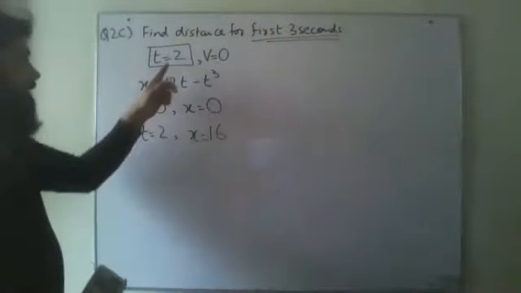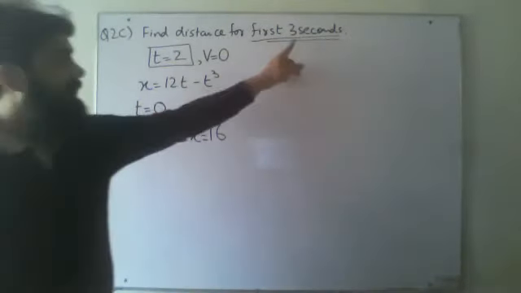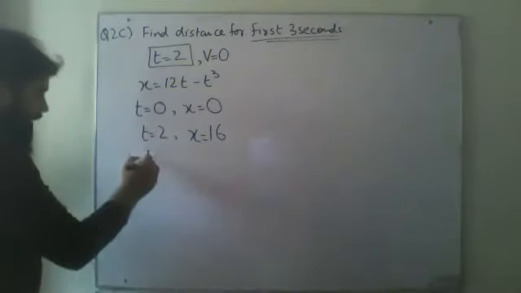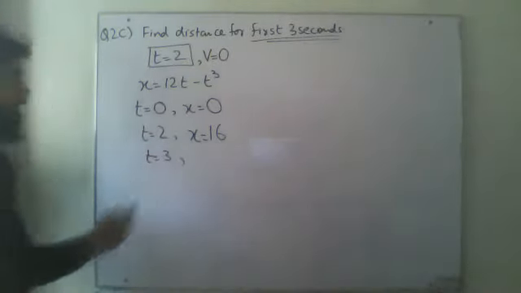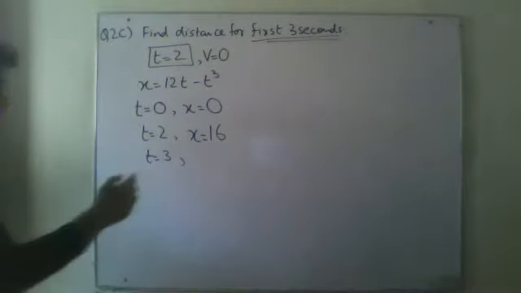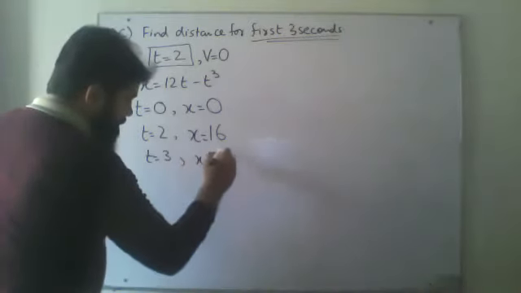After that, after t equals to 2, directly 3 seconds is there. No other turning point. So t equals to 3. And when I will be solving it, my answer is coming 9.